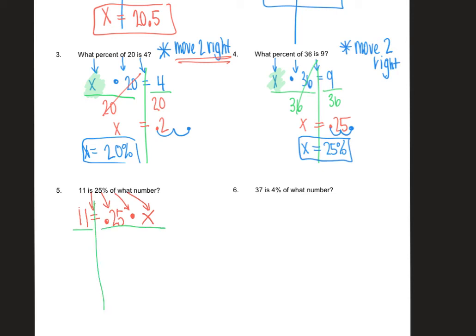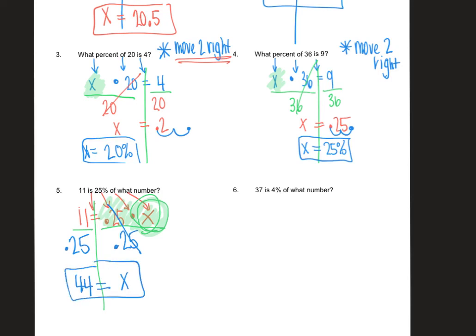I'm still dividing both sides by something because I have these two connected and I need to get x alone. So in order to get x alone, I need to divide both sides by what's attached to it, which means I'm dividing by 0.25. The 0.25s cancel out. I have an x on the right, and 11 divided by 0.25 is 44. So 11 is 25% of 44.